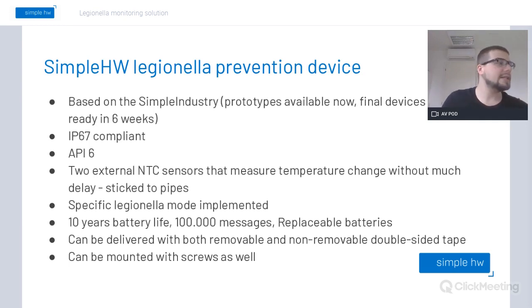Now, since it's an NTC, it really notices the temperature change very quickly, rather than if the sensor was enclosed in the device, like it is in the SimplePack, for example. So the external sensors really do help a lot when it comes to monitoring the temperature efficiently. What that means is that it is stuck on the pipes.